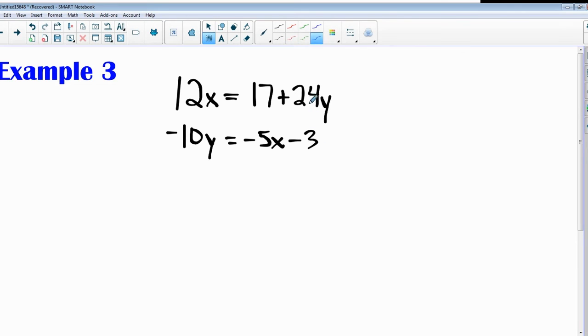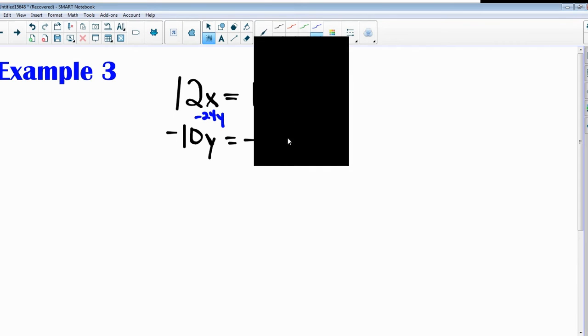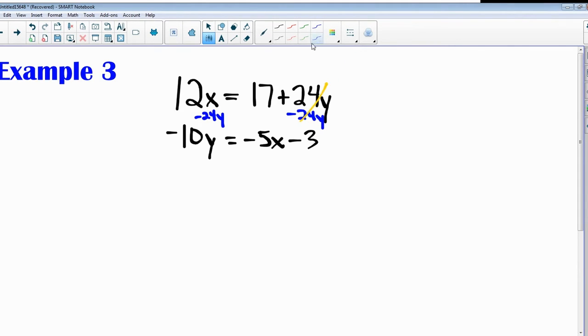I think I'm gonna put it in standard form because I see I can move this y, cancel it, and move it to the left by subtracting 24y from both sides. And that will cancel the 24y's on this side. And on this one, I can just move the x over by adding 5x. That way I'll have them both in standard form with the x and the y on the left and the constant on the right of the equal sign.